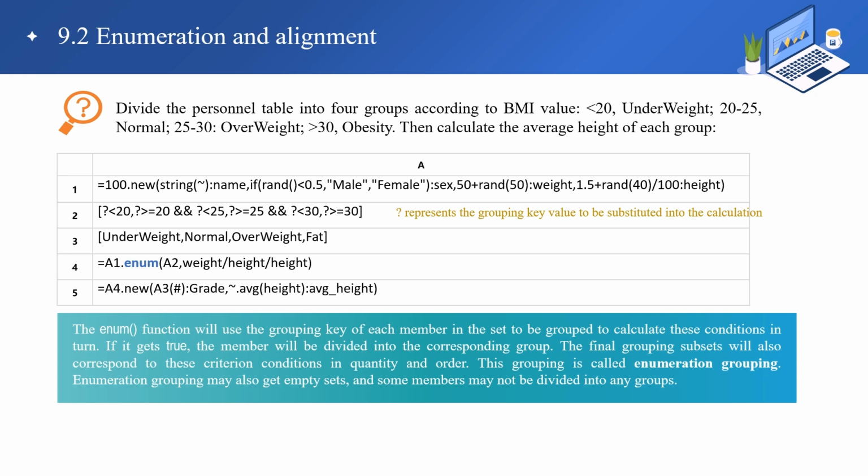This grouping is called enumeration grouping. Obviously, enumeration grouping may also get empty sets, and some members may not be divided into any groups. Similarly, SPL only provides the enum function to return the group subsets. To get the summary value, we need to further calculate it ourselves. Unlike alignment grouping, enumeration grouping usually has another sequence to identify the name of each group like A3 here.